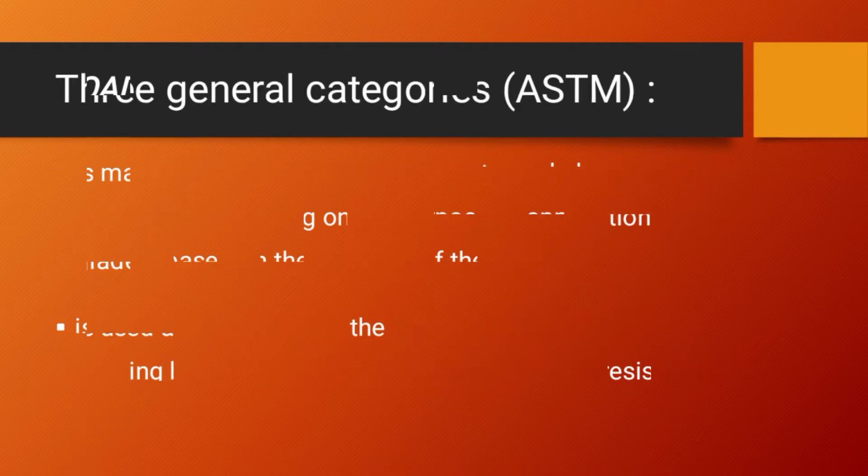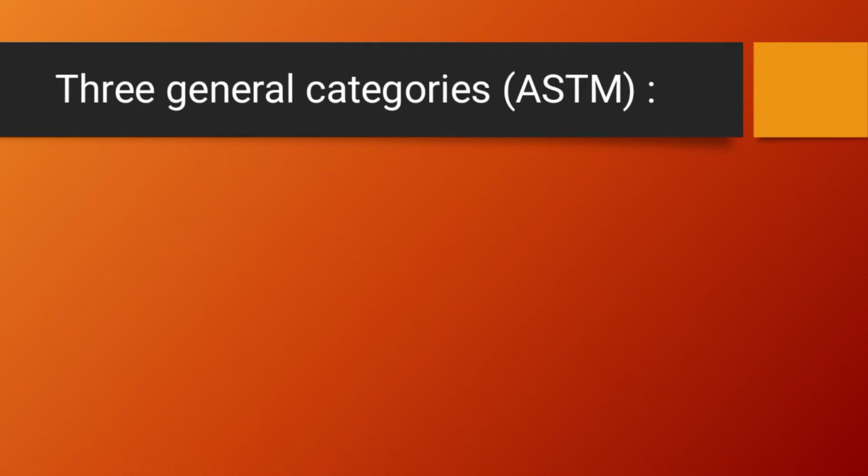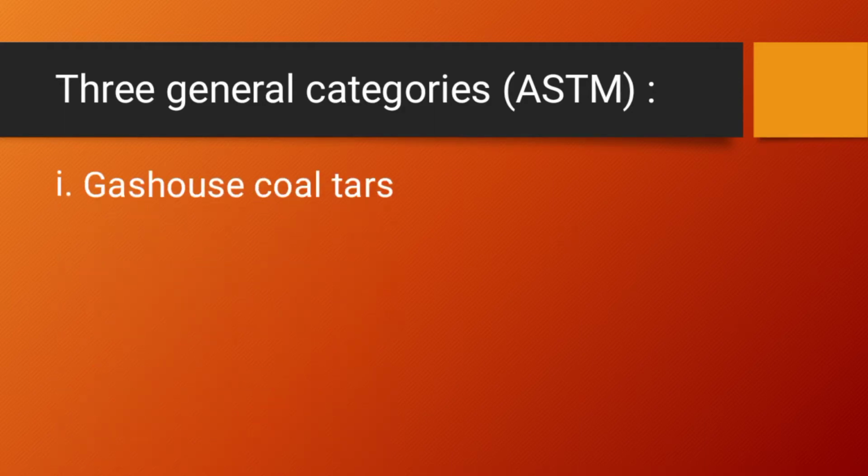The American Society for Testing Materials, or ASTM, has classified road tars into three general categories based on the method of production. First is the gas house coal tars, which are produced as a byproduct in gas house retorts in the manufacture of illuminating gas from bituminous coals.